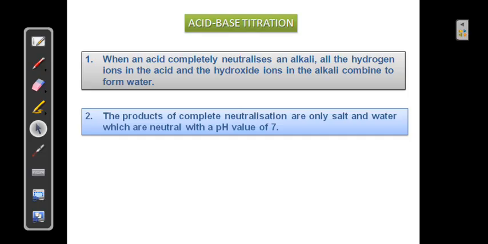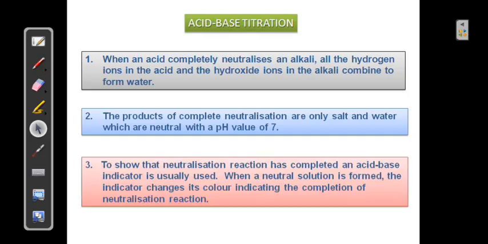To show that the neutralization reaction has completed, an acid-base indicator is usually used. When a neutral solution is formed, the indicator changes its color, indicating the completion of the neutralization reaction. So in a lab, to know that the neutralization is completed, we need some indication.